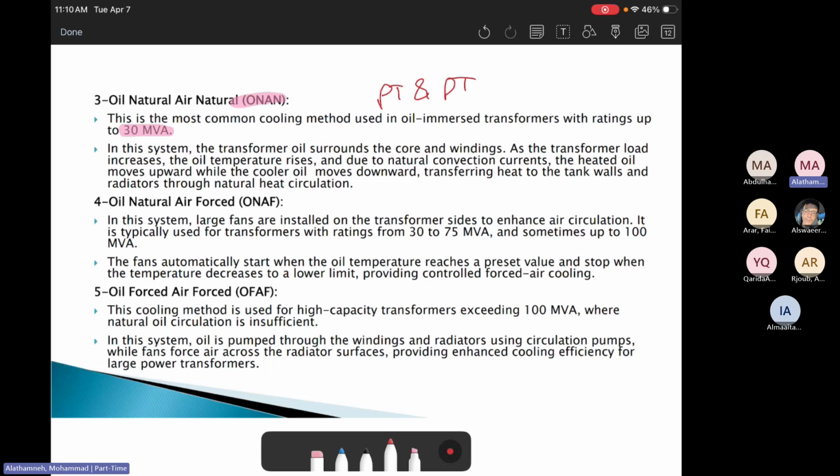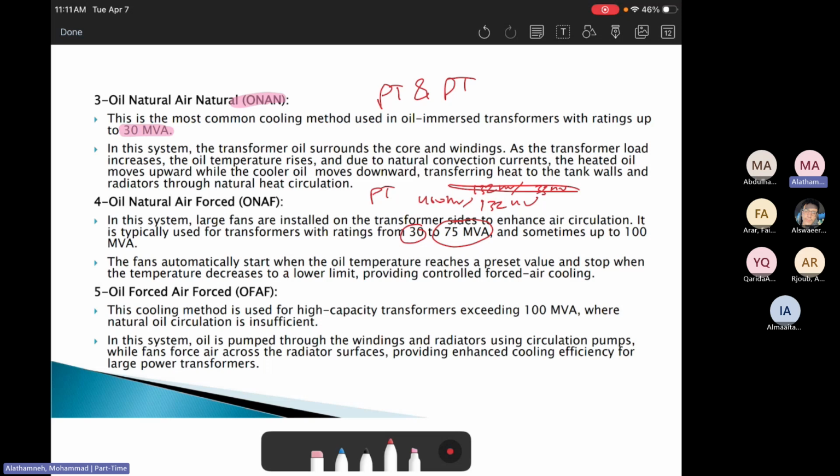Oil natural air forced is used between 30 to 75 megavolt ampere. This is used in Jordan in power transformers, 132 kilovolts to 33 kilovolts. This is very rare here, but the vast majority, I would say, is used in 400 kilovolts to 132 kilovolts. That's where we are using it.